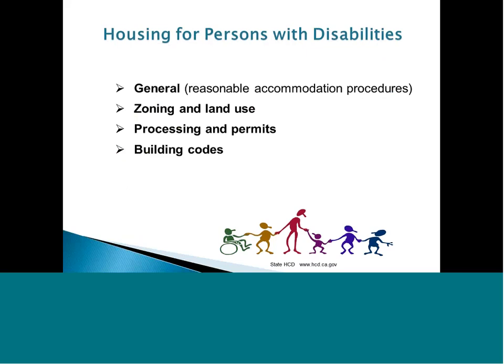There are 4 areas which should be covered in your analysis for housing for persons with disabilities. This includes a general analysis. This should answer the following questions. What is the locality's reasonable accommodation process? Does it meet fair housing laws? Does it constrain the development, maintenance, and improvement of housing?